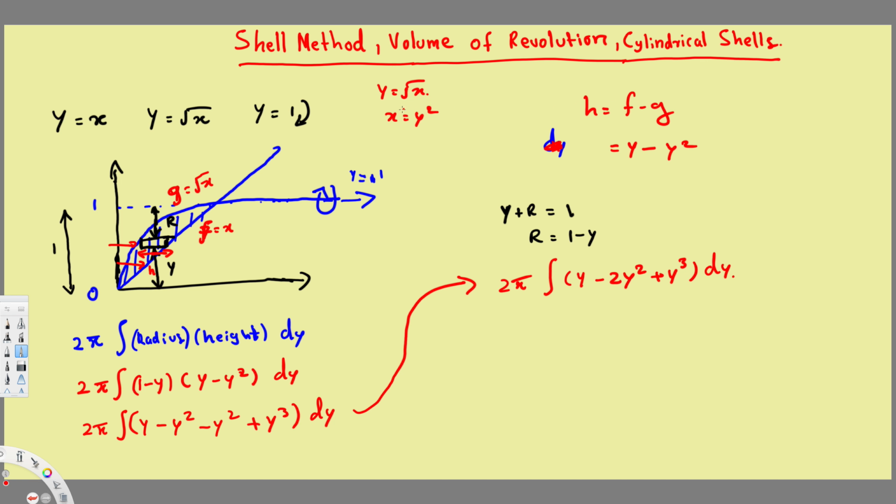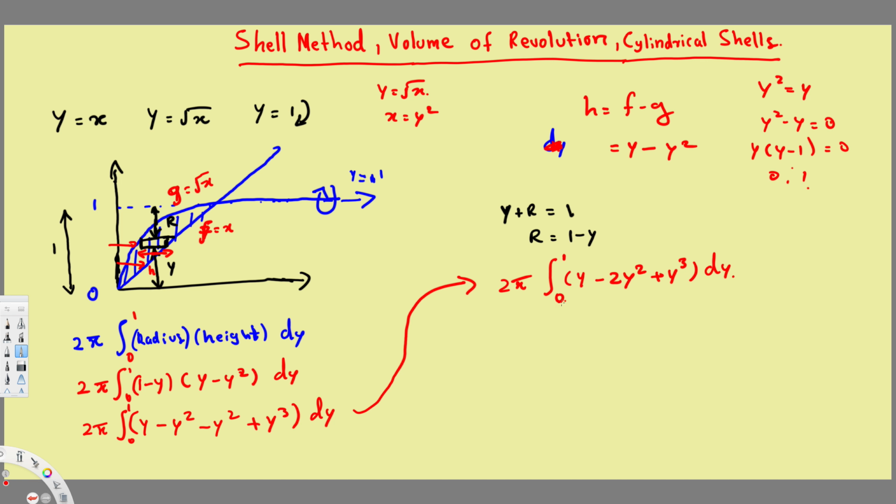So let's equate y squared equal to y, therefore y squared minus y is equal to 0, thus y is 0 and 1. So it's going from 0 to 1, and we have the limits of integration.